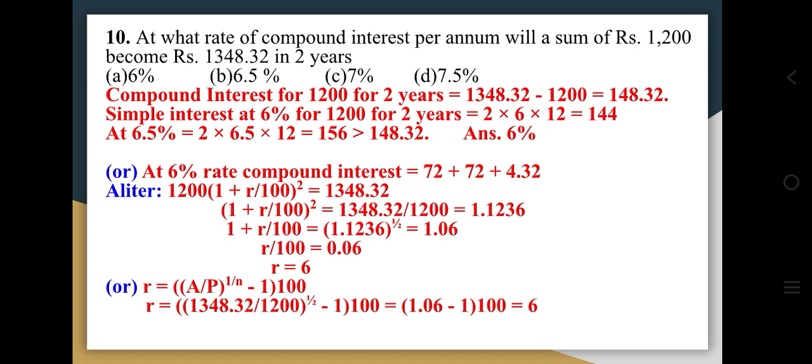But 1348.32 divided by 1200 is as before, 1.1236. So 1.1236 whole power 1 by 2 is 1.06. So (1.06 minus 1) into 100, that is 0.06 into 100, which is 6.